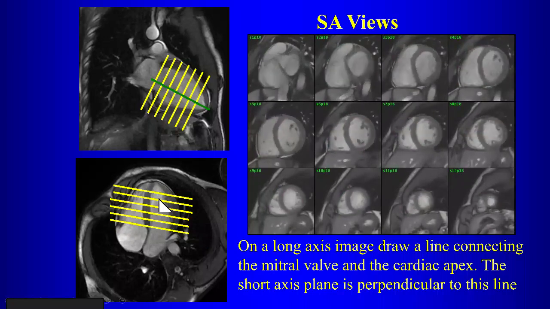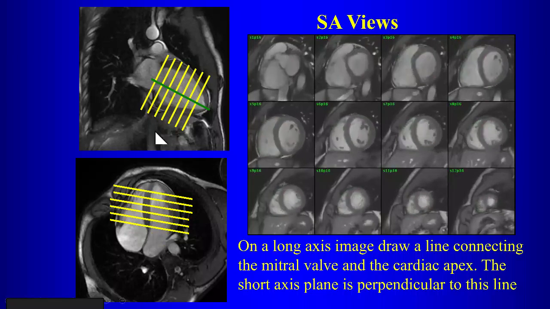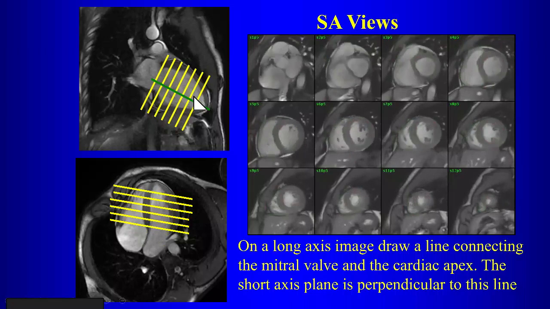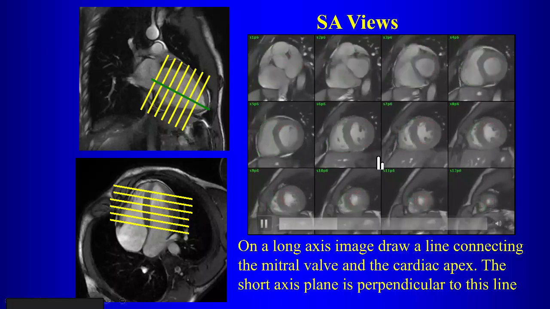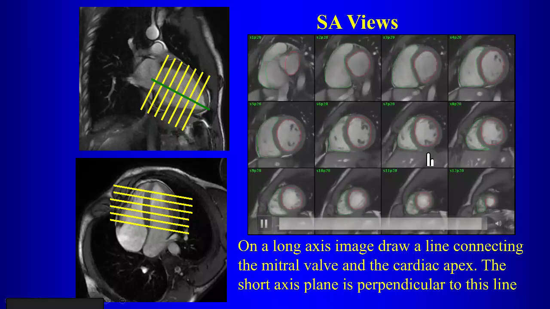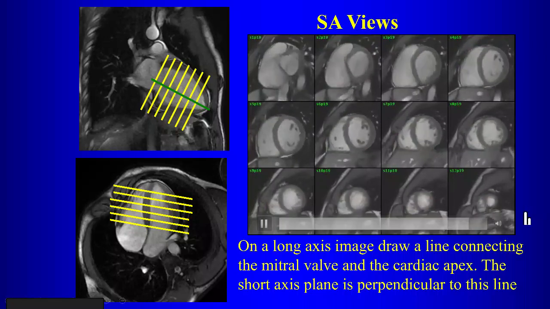Try to be perpendicular to the interventricular septum on your four-chamber view. Make sure you're perpendicular to the left ventricle on your two-chamber view. You line these up, you prescribe these, and now you have very nice short axis views going from the base of the ventricle to the apex.